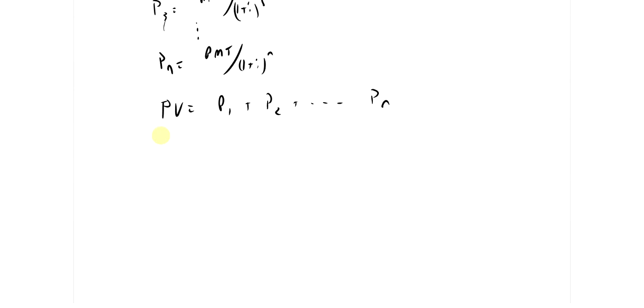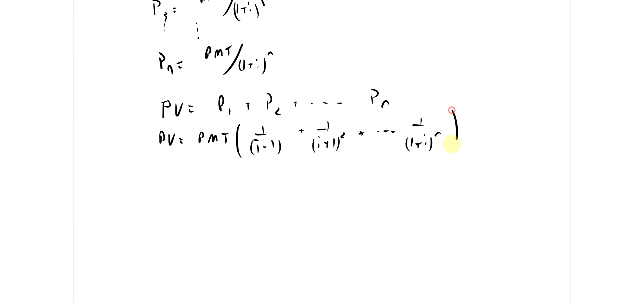Present value is payment, if I factor the payment out of all those things, 1 over (1 + i) plus 1 over (1 + i)^2 plus dot dot dot plus 1 over (1 + i)^n, like that.